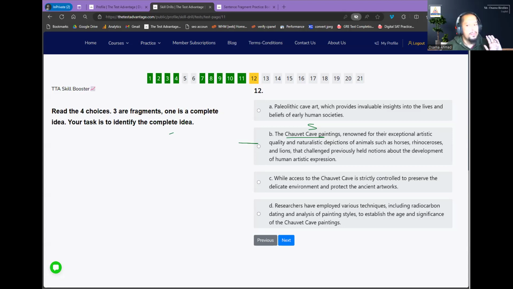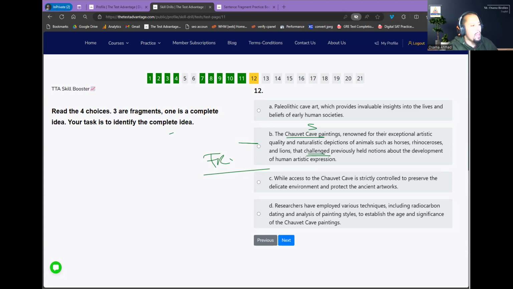Held. Excuse me? Held. No. Challenged. Well, held is a verb, I guess. Challenged. It's still a fragment. Why? I don't know. Why is it a fragment, Anas? What's the question?